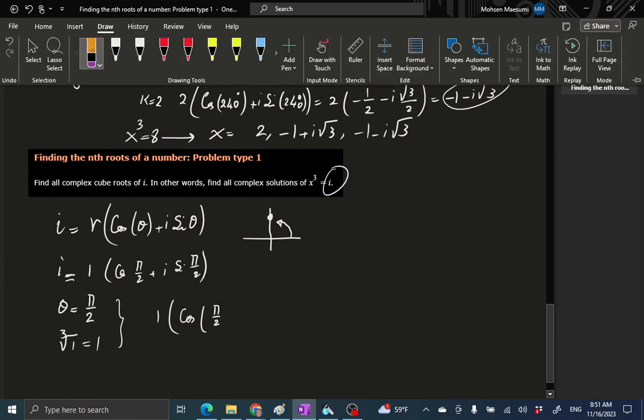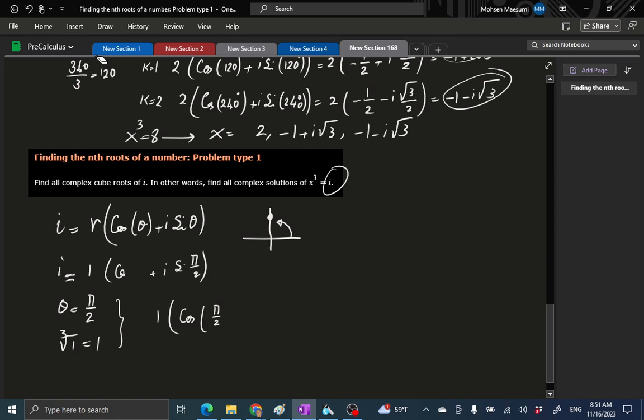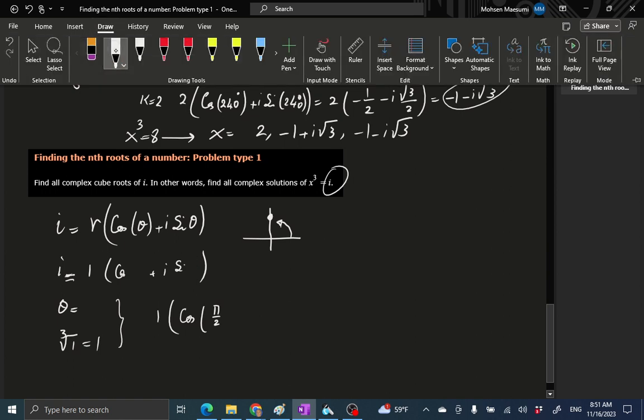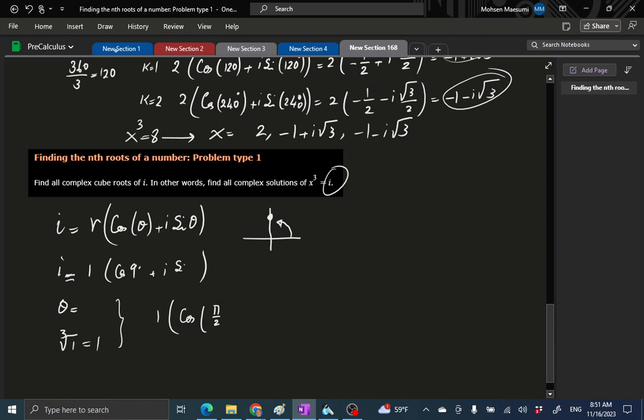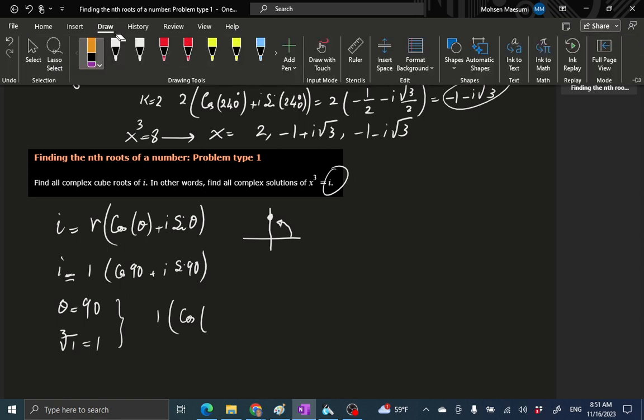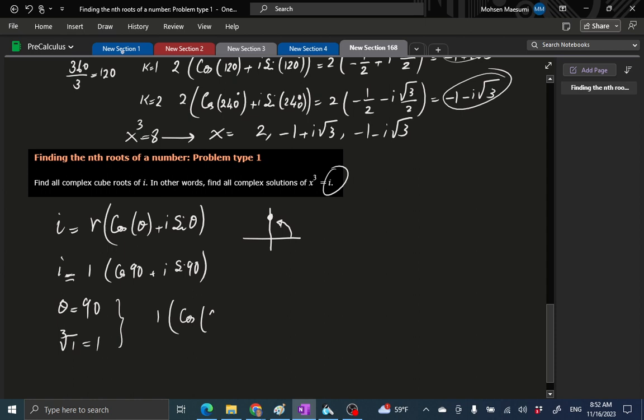Everything here is in degrees, so sorry for that. Let me just go ahead and write in degrees. So these were, sorry, 90 degrees, it is 90 degrees, and this one too. Everything is 90 degrees.